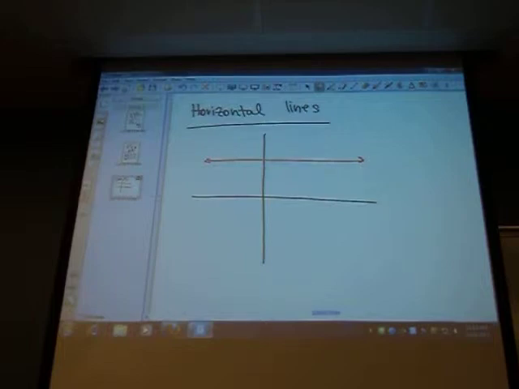If I pick 2 points on the line, what can I say about those 2 points? They're going to have exactly the same y value, so y1 is equal to y2 for any 2 points on the line.